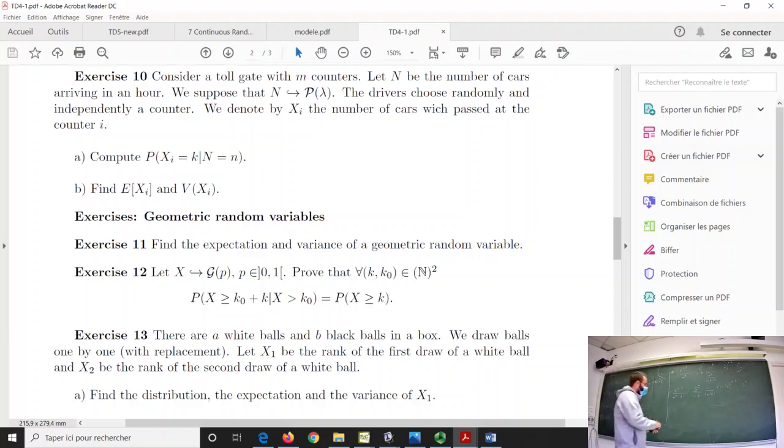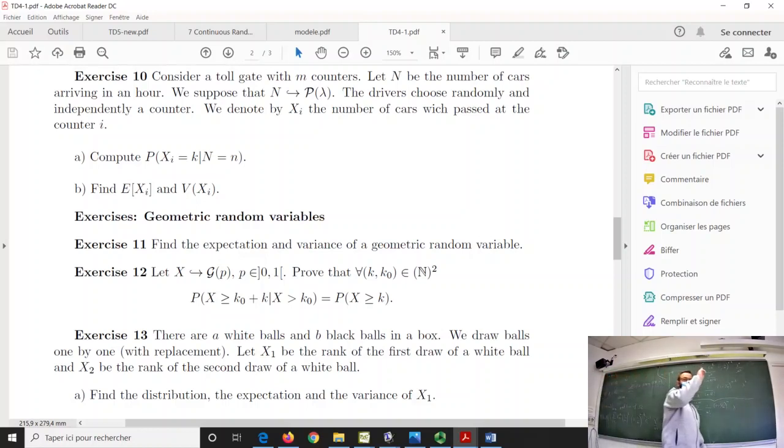So I change my index here, and if I do the job, it's the sum from n equal to 0 to plus infinity, 1 over n factorial, 1 minus 1 over m to the n, and I have lambda to the power what? n plus k.